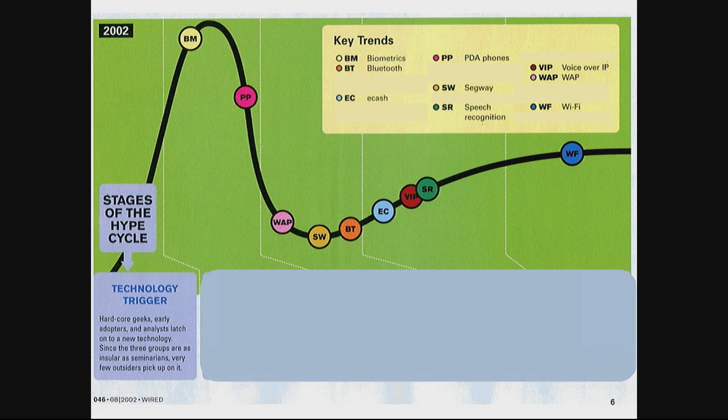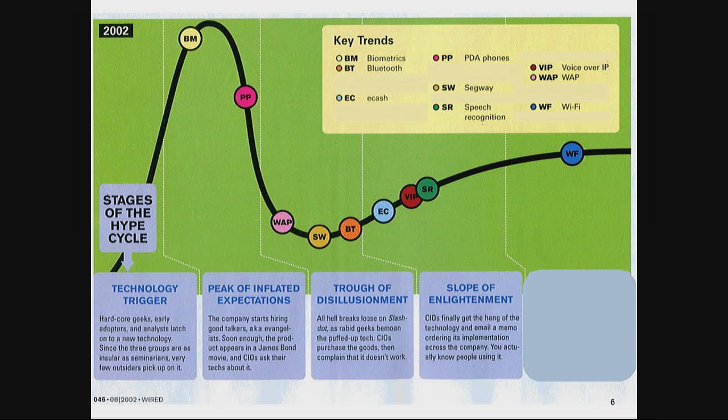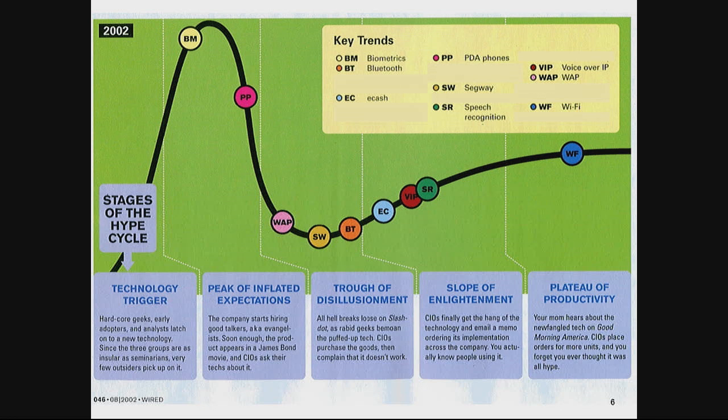Inevitably, often enough, then there's a trough of disillusionment that sets in. If a technology does have potential, often it will climb the slope of enlightenment, as Gartner called it, onto the ultimate plateau of productivity.